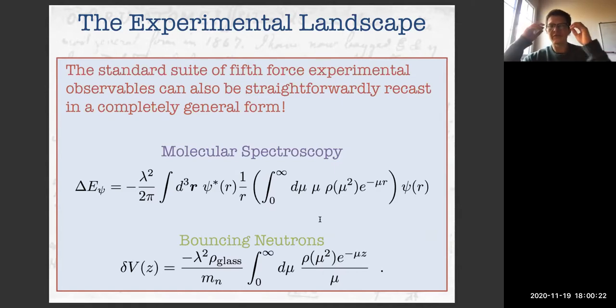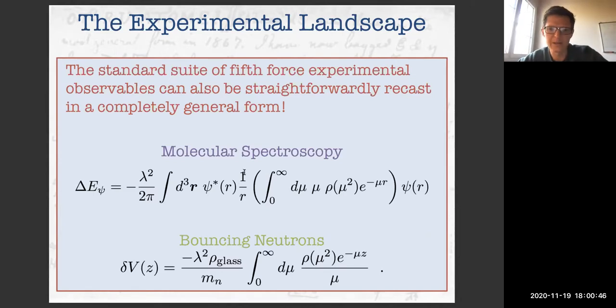So rather than assuming some model for a fifth force, then deriving all of the potential stuff, and then calculating each experimental observable that you might be interested in for that model, you can do it the other way around. You can calculate all of the experimental observables as a function of the general density of states. And then once you have your model, you just plug that density of states in here and you're done.